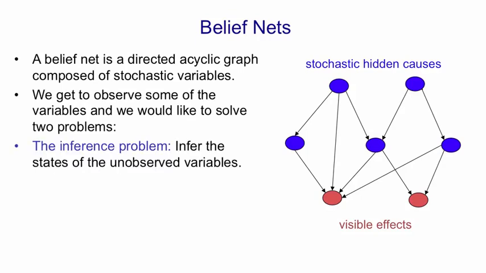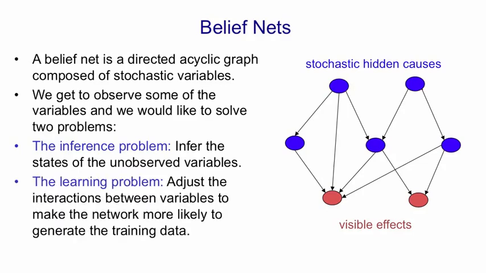The first is what I'll call the inference problem, and that's to infer the states of the unobserved variables. Of course, we can't infer them with certainty, so what we're after is probability distributions over unobserved variables. And if the unobserved variables are not independent of one another, given the observed variables, those probability distributions are likely to be big, cumbersome things with an exponential number of terms in.